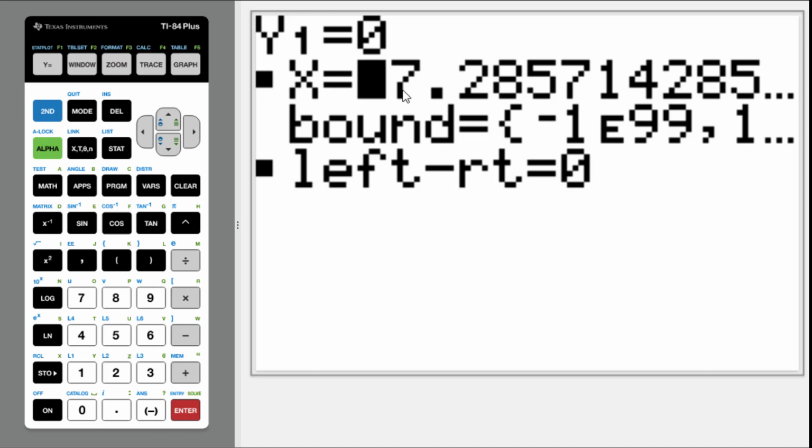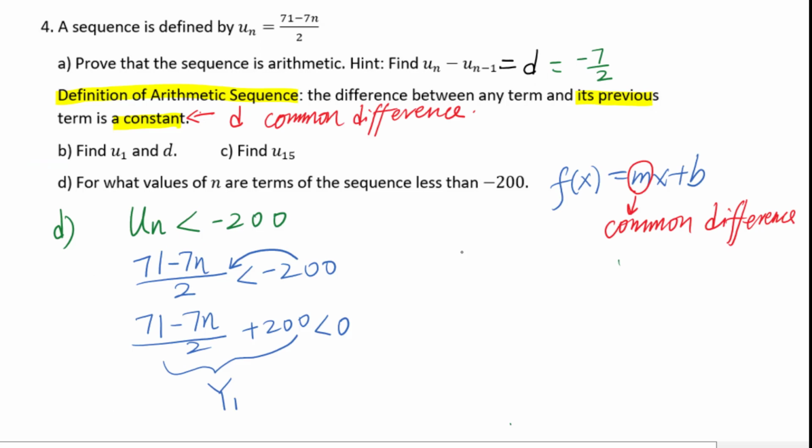The answer will be 67.3. So we will get n equals 67.3. We know this n is a natural number, but we don't know if it is n equals 67 or n equals 68. We need to check.